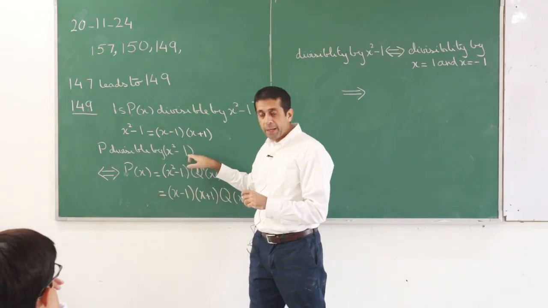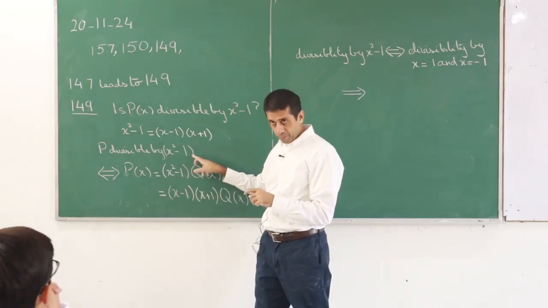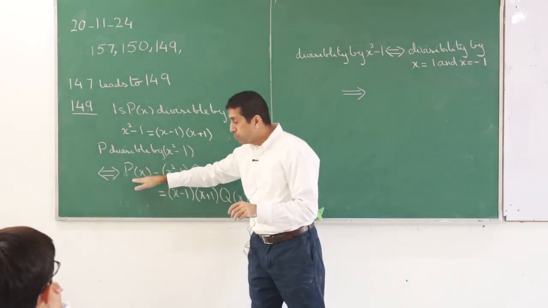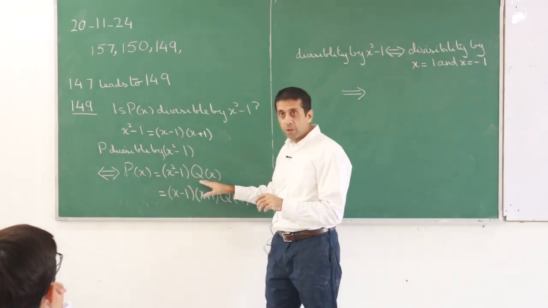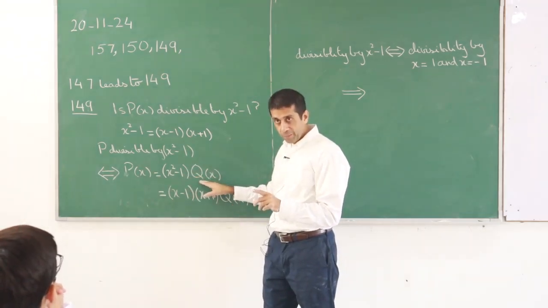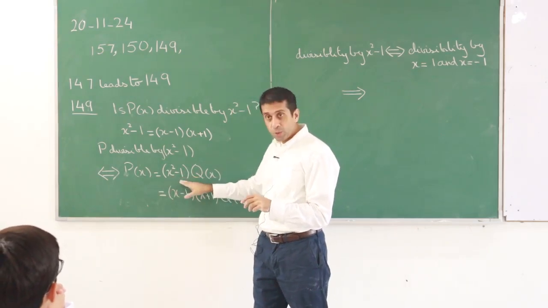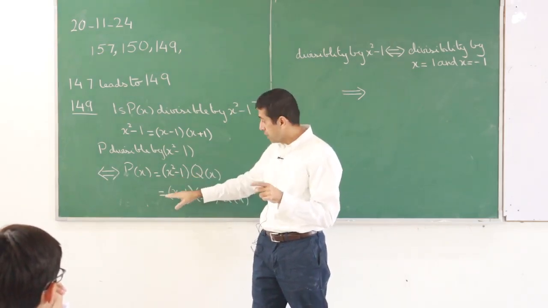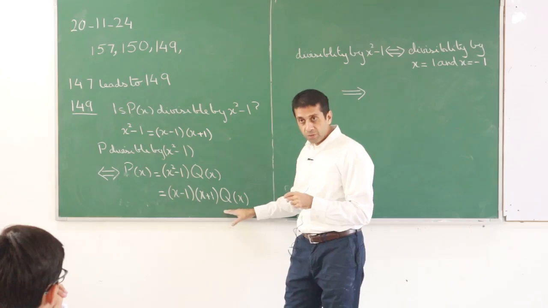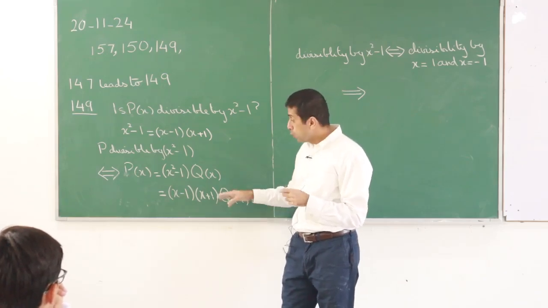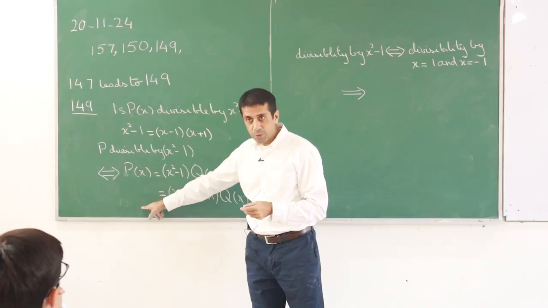P is divisible by x square minus 1. Okay, that means p can be written as a product of these polynomials. Agreed? Which means since x square minus 1 is equal to x minus 1 and x plus 1, p can be written as a product of these polynomials. Agreed? Which means p is divisible by x minus 1.